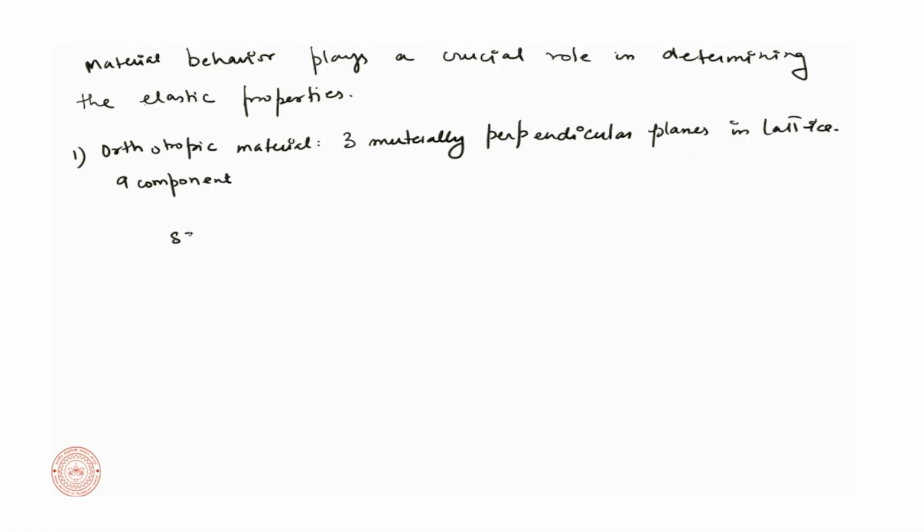So S for this will be 1 by E1, minus nu 21 by E2, minus nu 31 by E3; 1 by E2, minus nu 32 over E3; 1 by E3. Okay, and this will be symmetric.